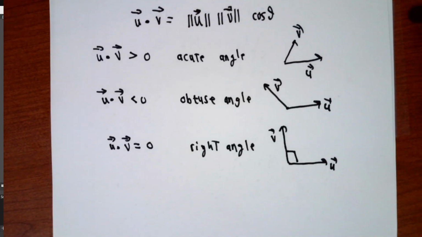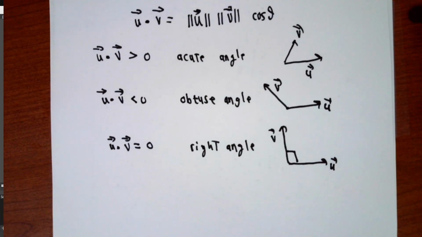If u dot v is positive, the angle between u and v has a positive cosine. It is an acute angle. U dot v being negative means cosine theta is negative, meaning I have an obtuse angle. And if u dot v comes up exactly 0, that means that cosine of theta is 0.